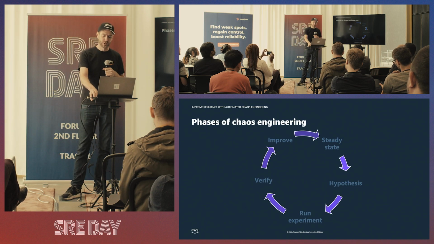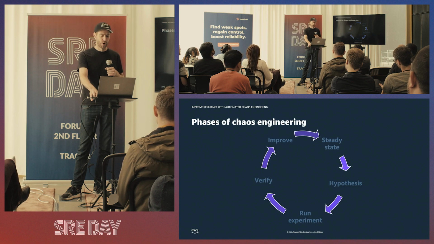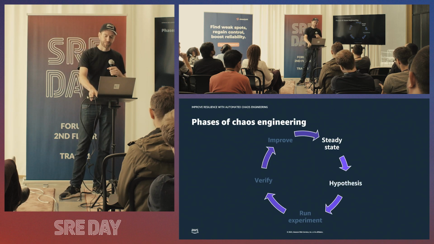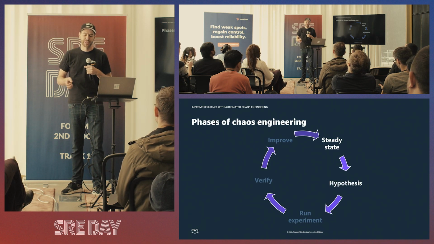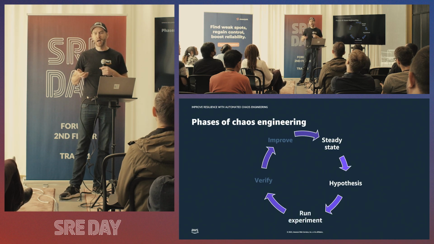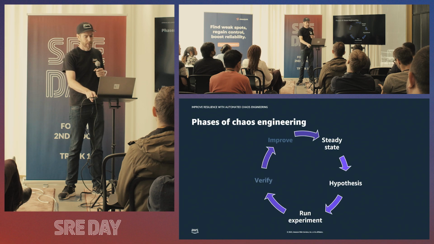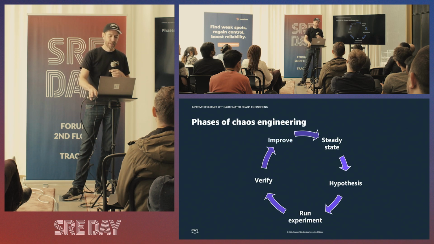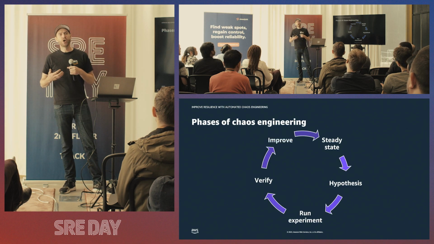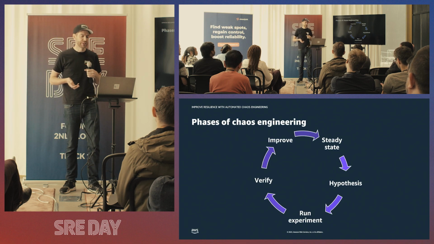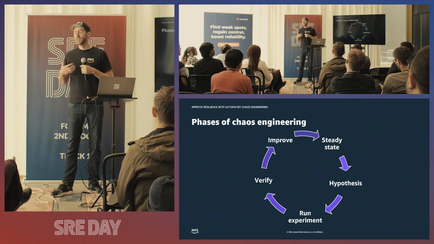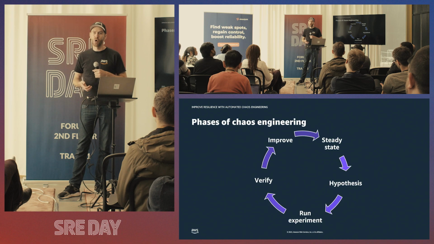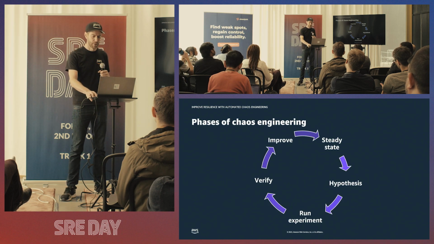And to do that, we follow this well-defined scientific process that takes us from understanding the steady state of the system that we're dealing with, to forming, articulating a hypothesis, to then running an experiment, often using fault injection. Then we verify the results of the experiment before finally making improvements by learning from the experiments. So we improve the system, and this could be improvements such as the system's resilience to failure, the monitoring, the alarms, the operation of the system, basically the overall system.